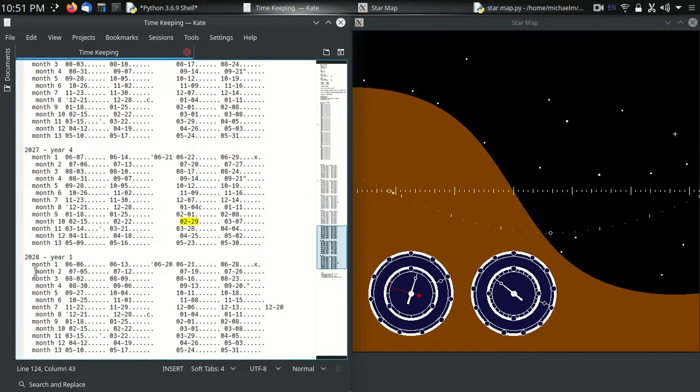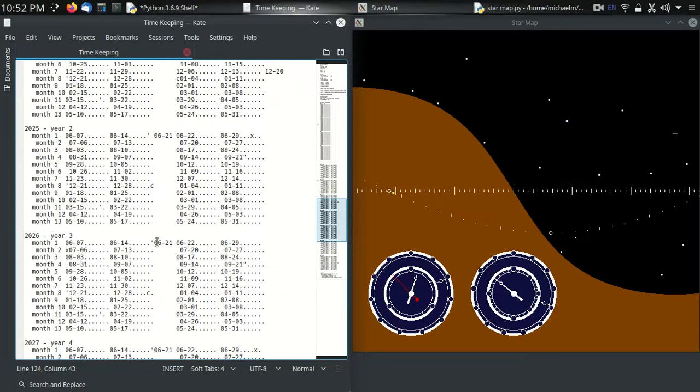And then in 2028, we get February 29th again. So this is a very rigid system. And almost always, you'll note that the equinox actually does fall on this day. In 2025, it falls on the day before. That included that leap day.